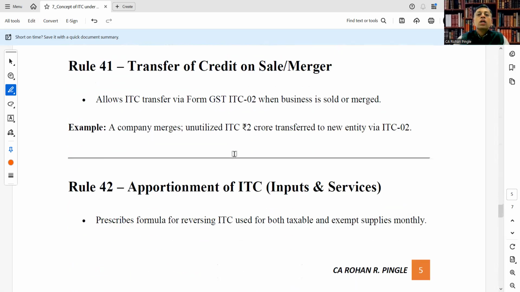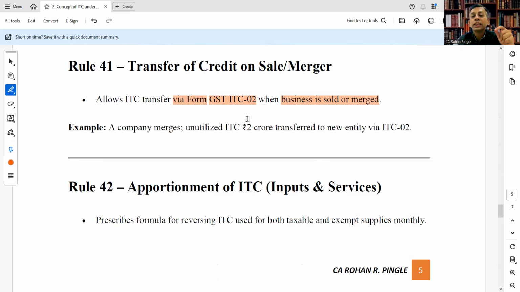Rule 41, transfer of credit on sale or merger. It allows ITC transfer via form GST ITC-02 when a business is sold or merged. This is a situation when one sells his business or merges it with another company or entity, and then how to transfer that credit to the taking-over party.